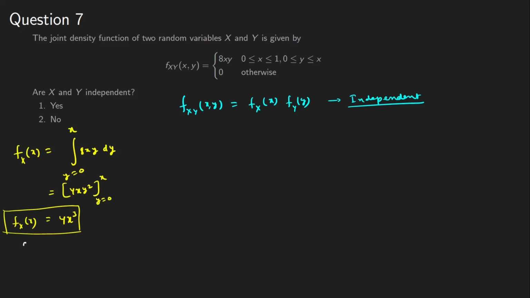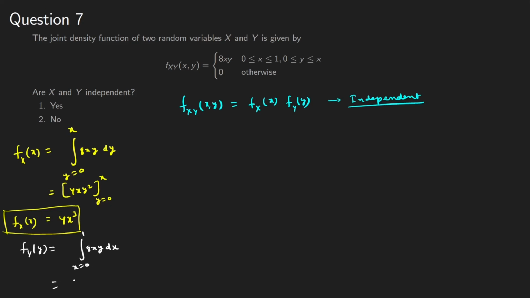Now let's find out the marginal PDF of y. So we will integrate the PDF with respect to the other random variable, that is x in this case. We will integrate it over the full range of the other random variable. So x will go from x equals 0 to x equals 1.